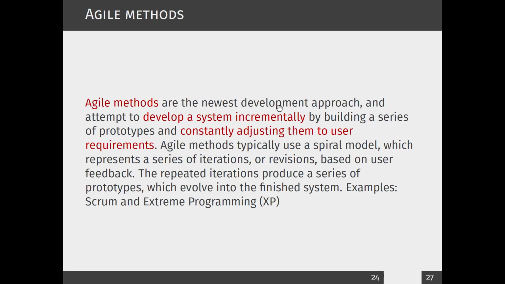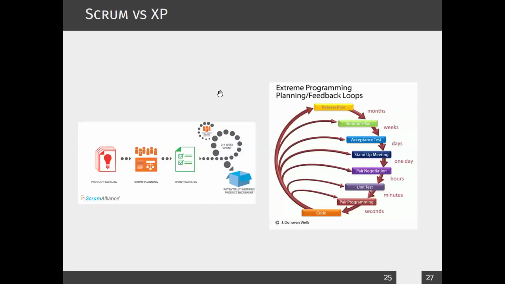Right? And there are two things that I actually finished last time with this slide. So two agile techniques we can discuss. Scrum is one of the popular agile methodologies to develop information systems.